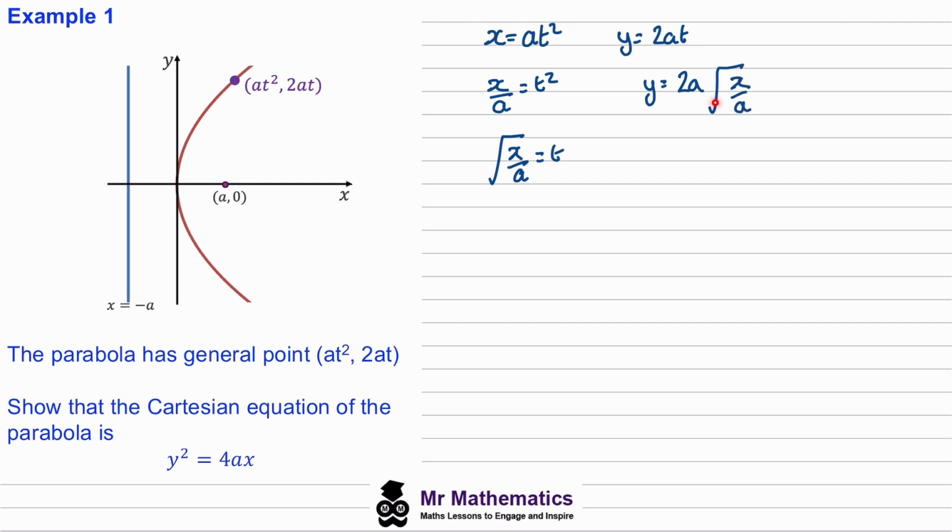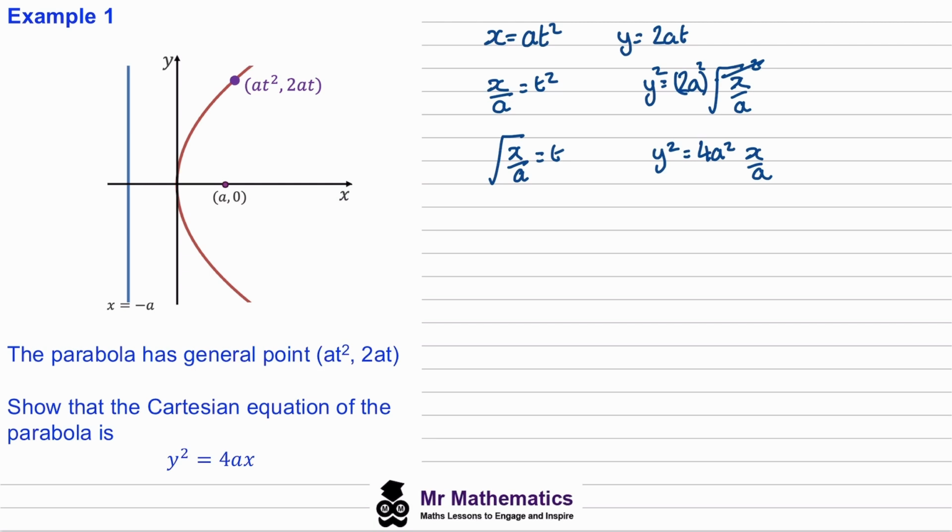Now we can cancel out this square root by squaring all the terms in our equation. And we know that these will cancel. So we've got y squared. When we square the 2a, we get 4a squared. And this will cancel. So we've got x over a.